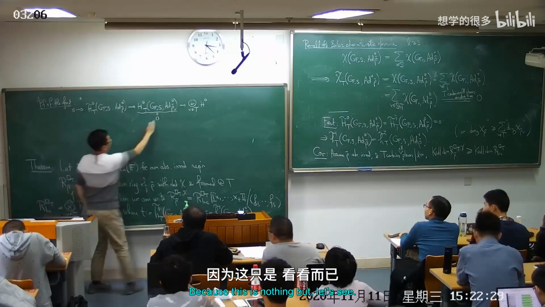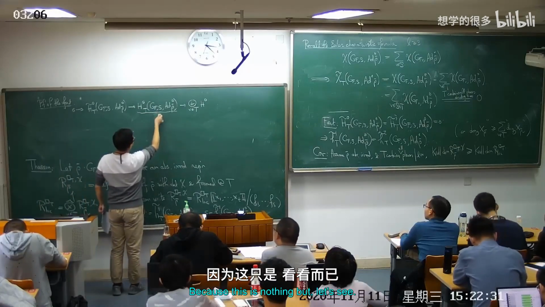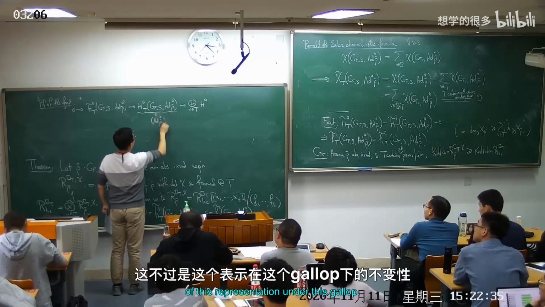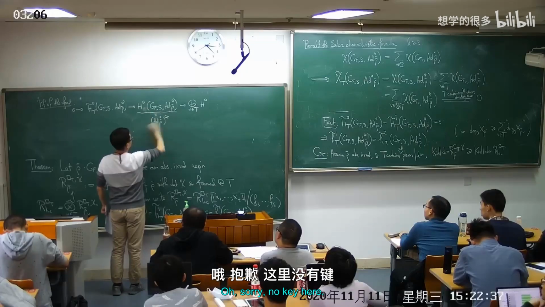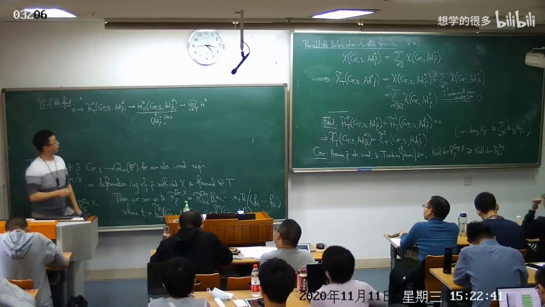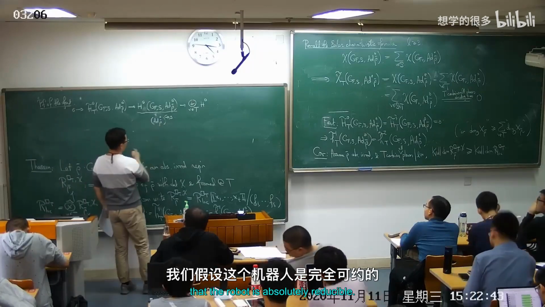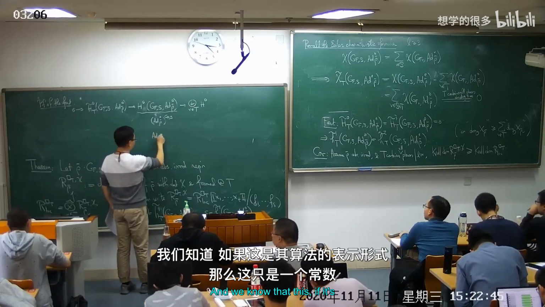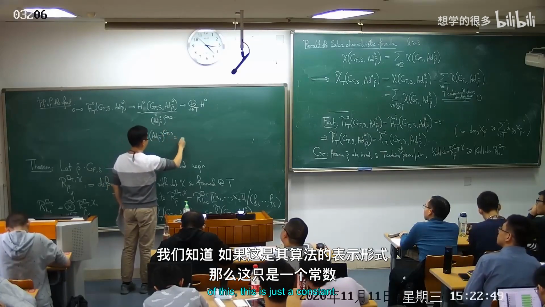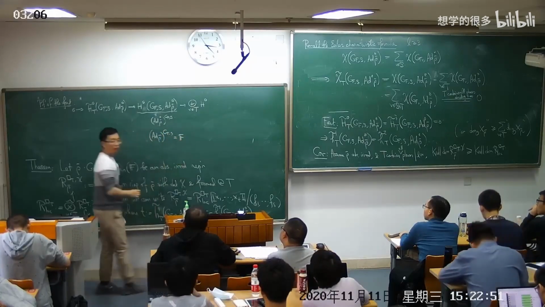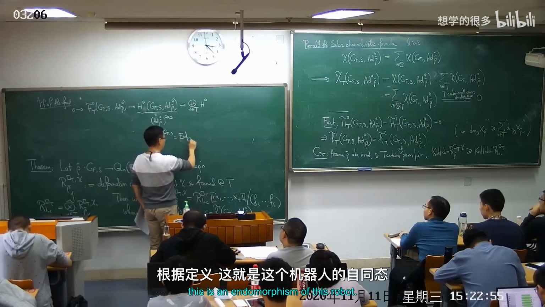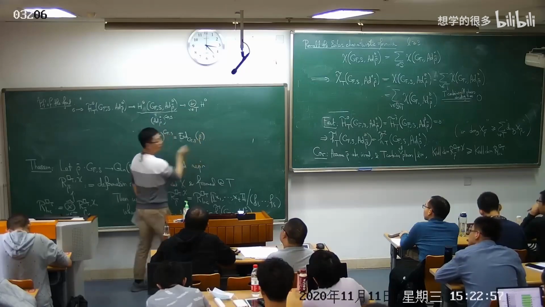Because this is nothing but the invariance of this representation under this Galois group. Oh, sorry, no T here. It's just invariance of this. We assume that rho bar is absolutely irreducible, and we know that if it's an adjoint representation, this is just a constant F, because this is basically an endomorphism of this rho bar.